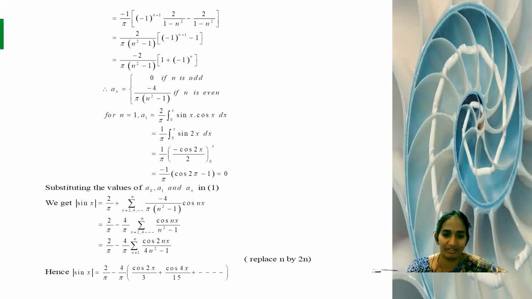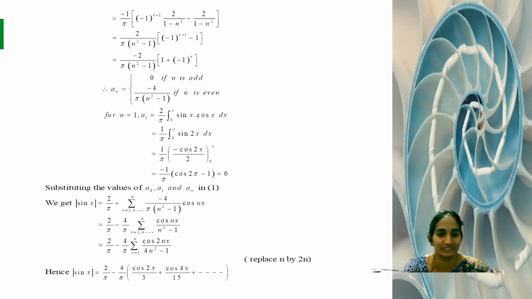Now you are substituting n value 1, in that n place cos 2x. n is 2 means 2 into 2, 4. n is 3, 3 into 2, 6. Here these are numbers, not functions. We are talking here about numbers. So then 2n is possible: multiplying 2 into 1, 2, 3, any values, we are once again getting even. Then only you are writing 2n.